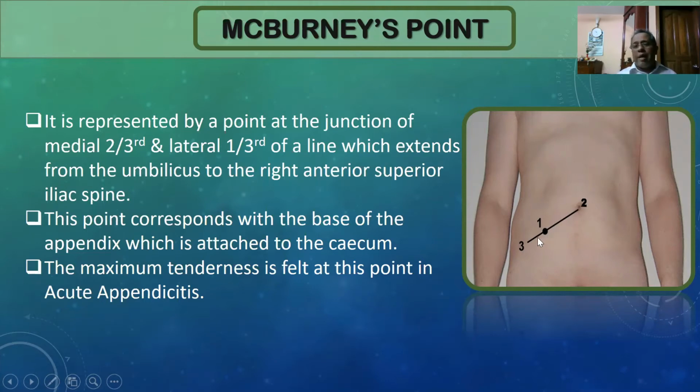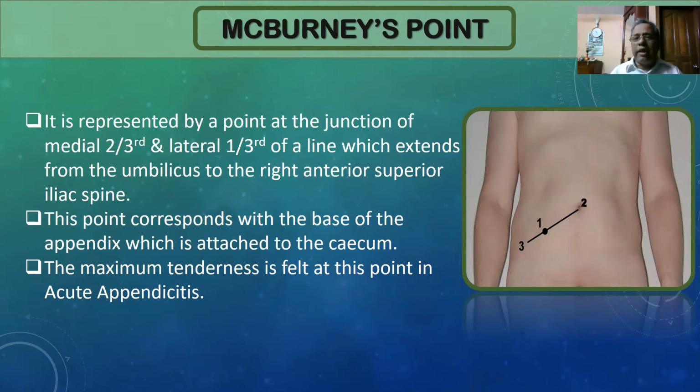But for your exam, your answer is 1/3 and 2/3, because everybody memorizes that terminology. In the books, everybody remembers it as 2/3 and 1/3. But my preference is the junction of the middle third and lateral third of the spino-umbilical line, so there is no confusion.